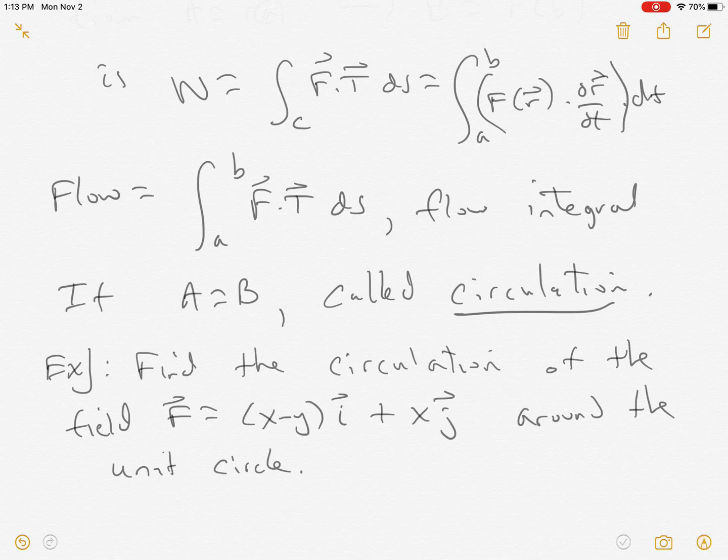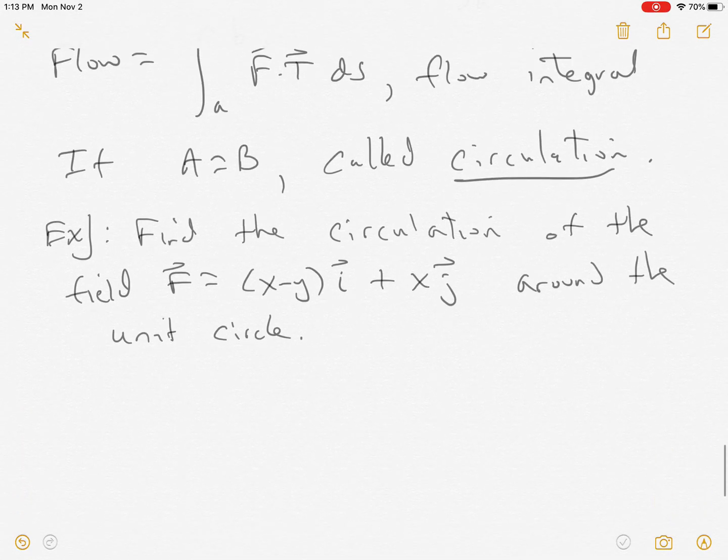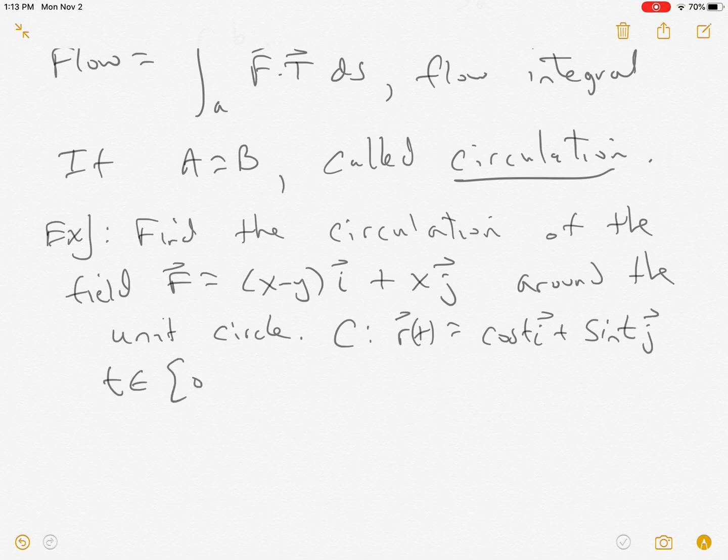Okay. All right, well, our C is the unit circle, which is parametrized by, you can do it a lot of ways, cosine t i plus sine t j, and t goes from 0 to 2 pi. This just puts us on the circle going counterclockwise from 0 to 2 pi.